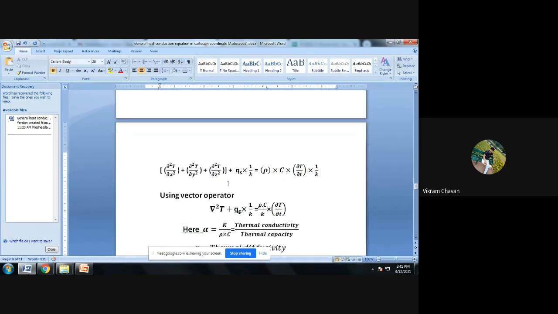Here we have introduced one terminology called thermal diffusivity.